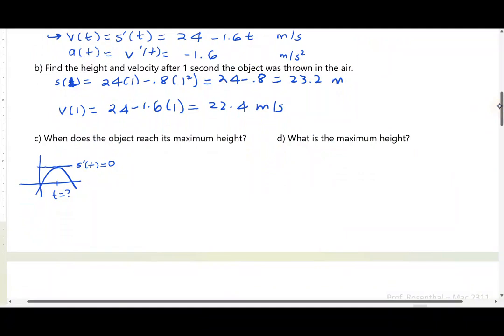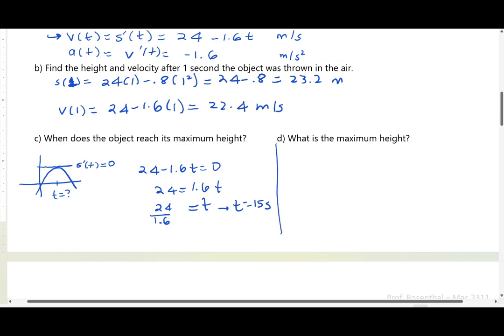So 24 minus 1.6 t equals 0, therefore 24 equals 1.6 t, and t equals 24 divided by 1.6. And we can plug it into our calculators if need be, and we're going to get t equals 15 seconds.